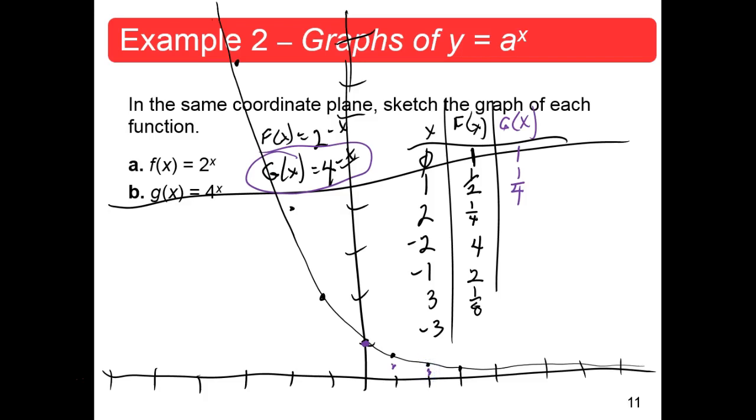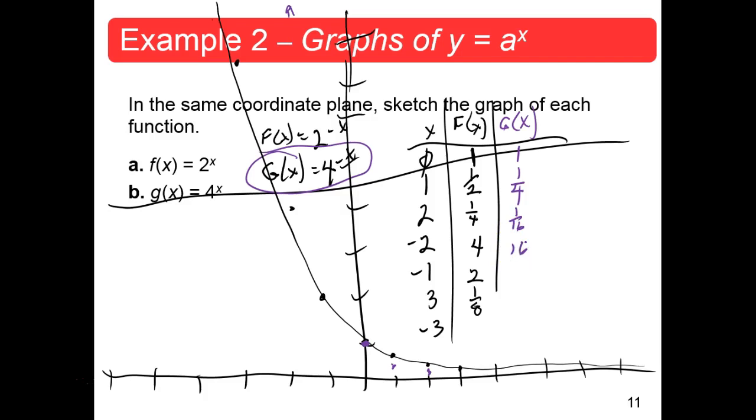And when it's minus 2, 4 to the minus of minus 2 is 16, off scale. Okay, we only got up to 8 there, way off scale, somewhere up that way. Okay, so this will be 16.